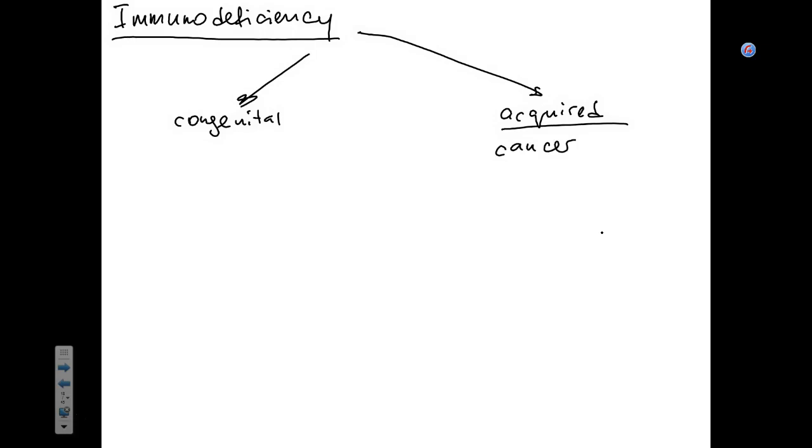If it's solid tissue cancer, it's probably going to be immunosuppressive at a certain point. If it's a blood malignancy, such as leukemia, then although you have a lot of white blood cells, your immunity is going to be down. Why? It's just going to be dysfunctional. It's just going to be bad white blood cells. Okay? Does that make sense? So cancer is one type of acquired immunodeficiency. Any other types?